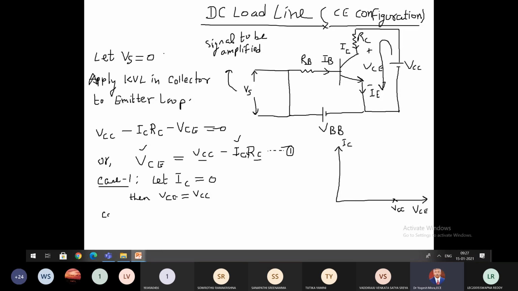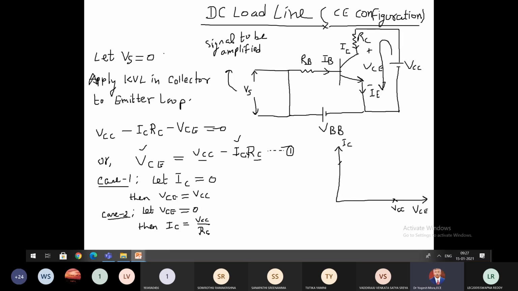Now we will see case 2. Now in case 2, let VCE be 0. If this is the case, then we will get the value of IC, and IC will be VCC divided by RC, right? From equation number 1 we will get this.